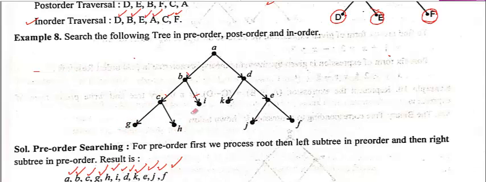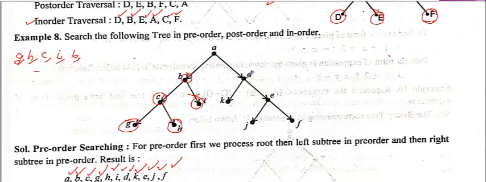Now see, in the post order, first you will visit the left, so first G. Okay, then right H. Okay, then root C. Understand? Then not root, then right I, because left you have visited, then right, then root. Now you have visited the left of A, then you will visit the right.